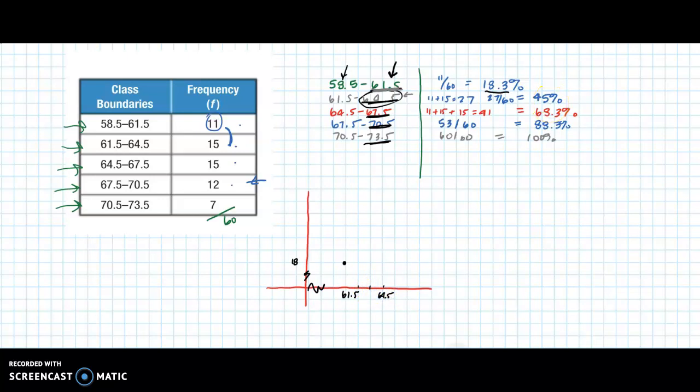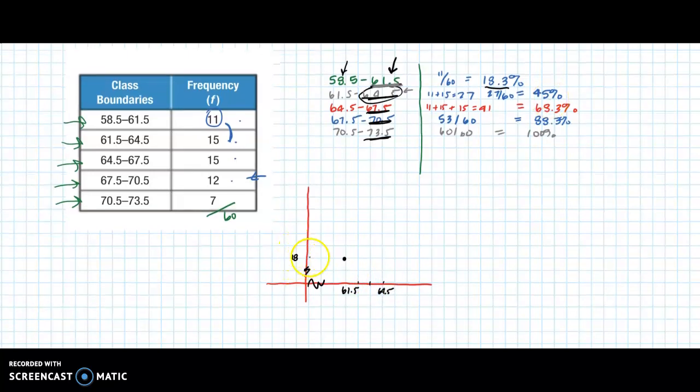And then they're at 45%. Maybe we should have been a little bit more exact here and said that this was maybe like 20. We'll go up by 5s. So this person is going to land right there.